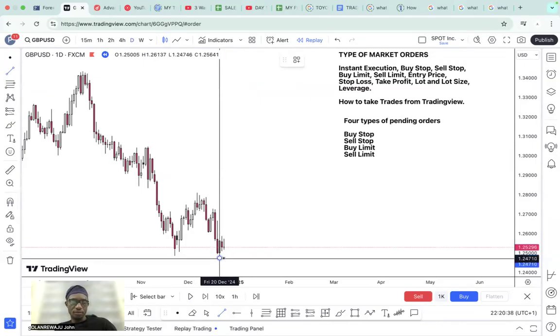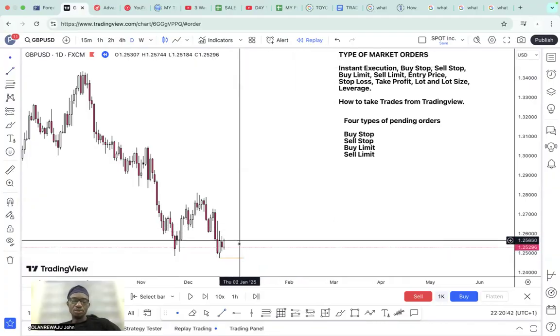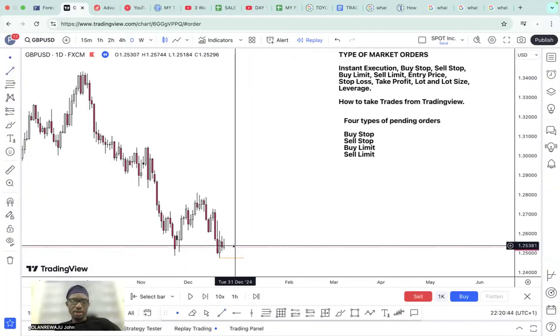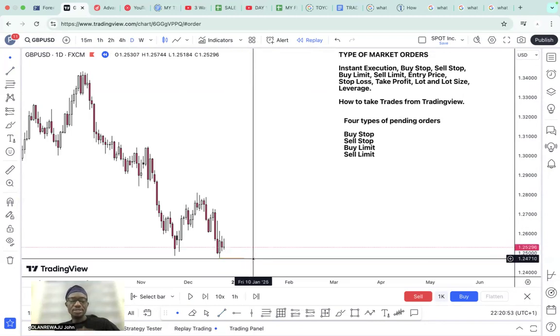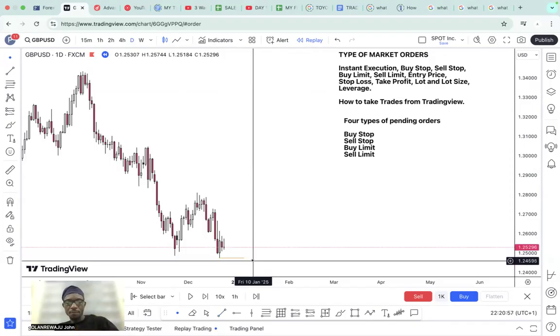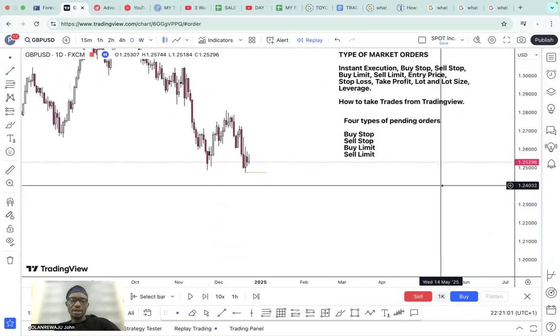And what is my conviction? My conviction is that if GBP USD should get to this point, it will continue to sell. So since price is currently here, but I want to set my pending order in the future to a place where price will be lower, where I'm putting my order will be lower than where price is currently. So that kind of order is called a what?